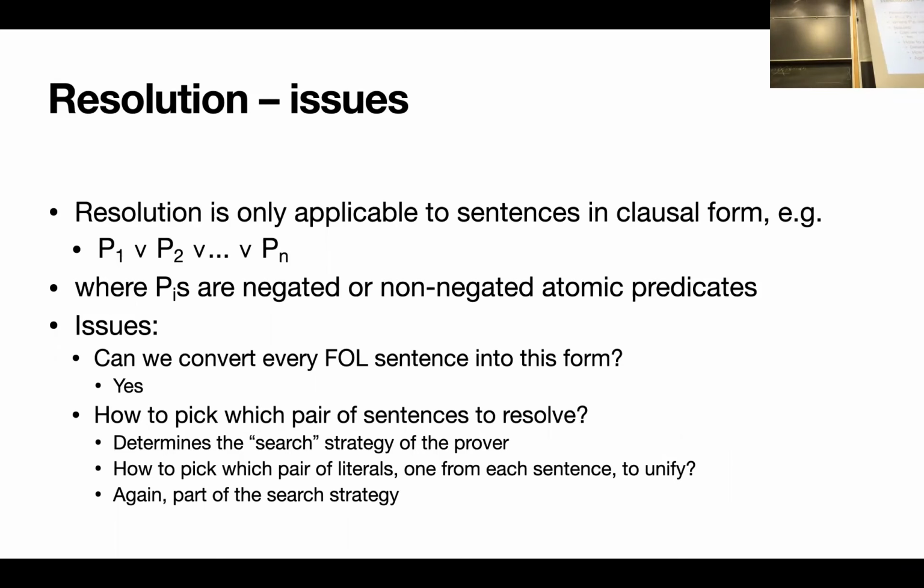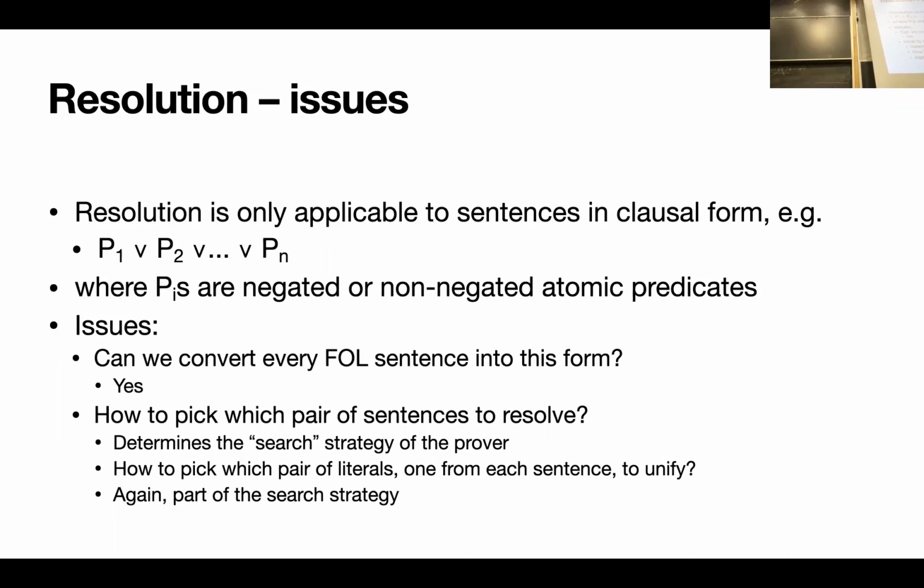So one thing is, we need to understand how we convert the first order logical sentence to a normal form, a standardized form for the expression. In particular, something with ors, so we want it to look like P1 or P2 or so on, or Pn. And if it has ands, then we simply break it into multiple clauses.